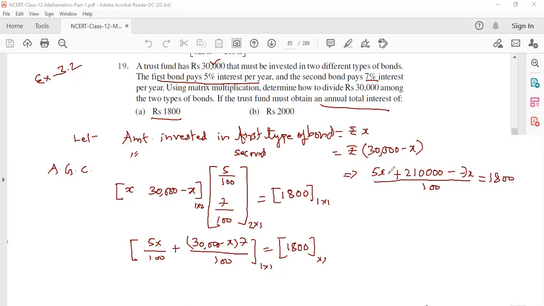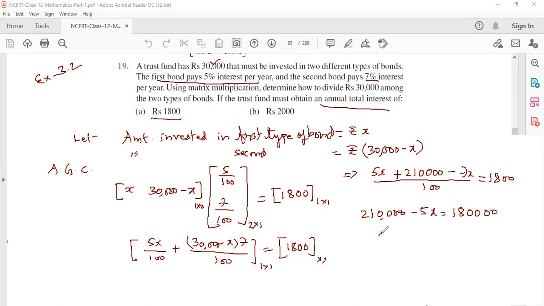So we get 5x minus 7x, 2 lakh 10,000 minus 5x is equal to 1 lakh 80,000.